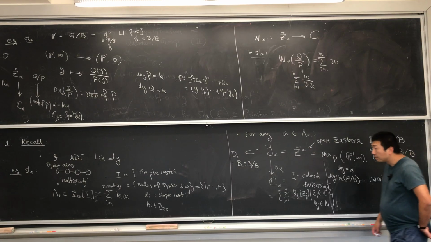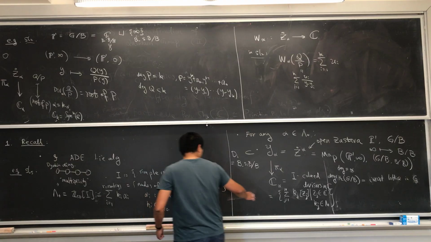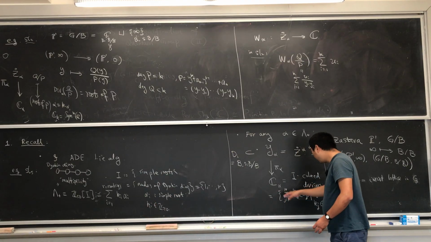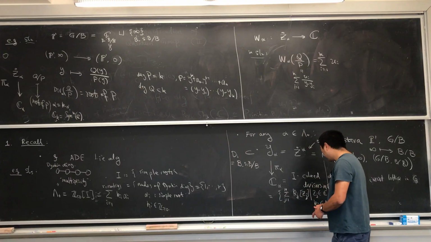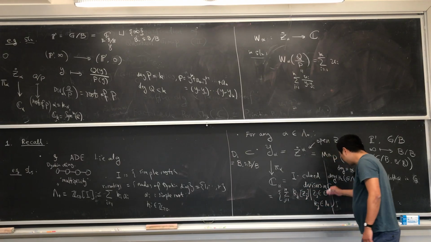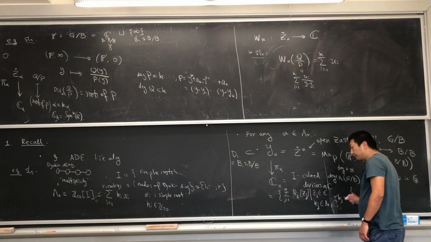Okay. Well, I didn't quite say what C alpha is: it is the colored divisors of C with total weight alpha. So the collection of alpha_j times k_j has to equal the total alpha.